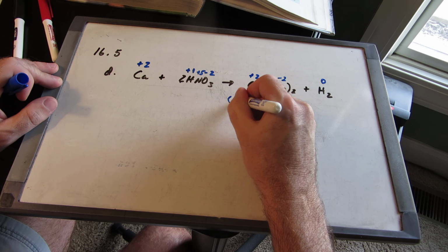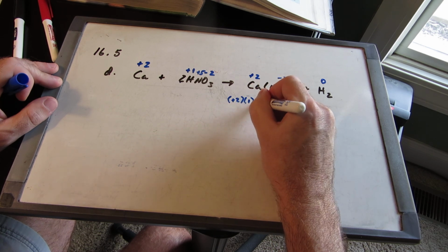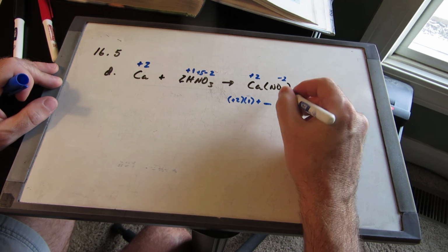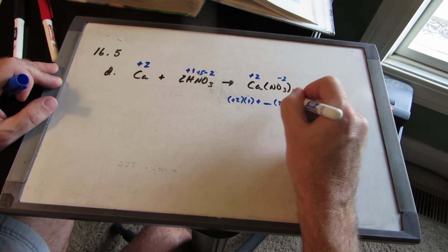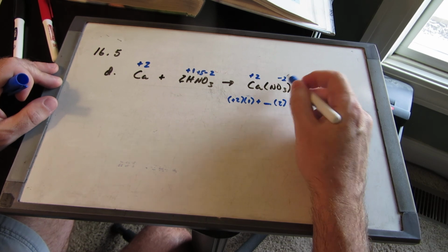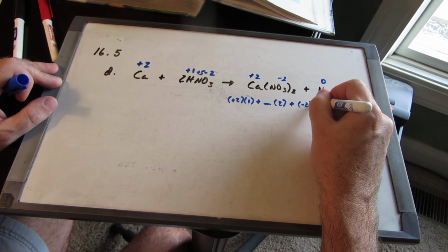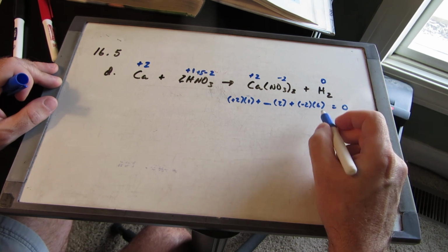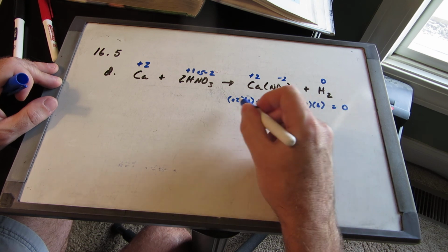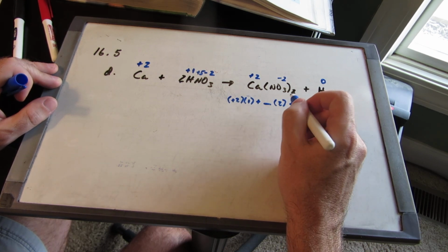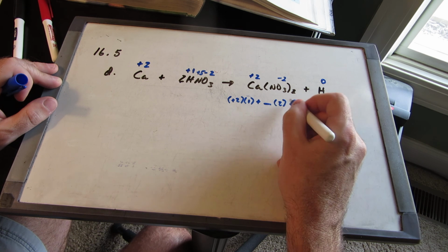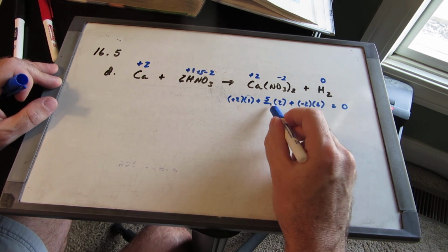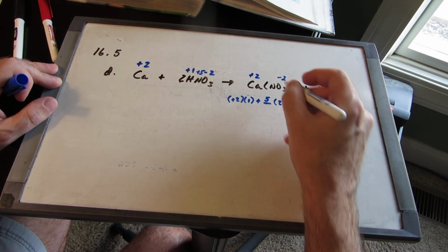It's +2 for calcium times 1 plus some blank times 2 for nitrogen, plus 6 oxygens times -2. That has to add up to 0, the charge on the whole thing. So that's -12 plus 2. So this whole thing needs to be +10. So that would have to be +5, right? 2 plus 10 minus 12 is 0, so +5.